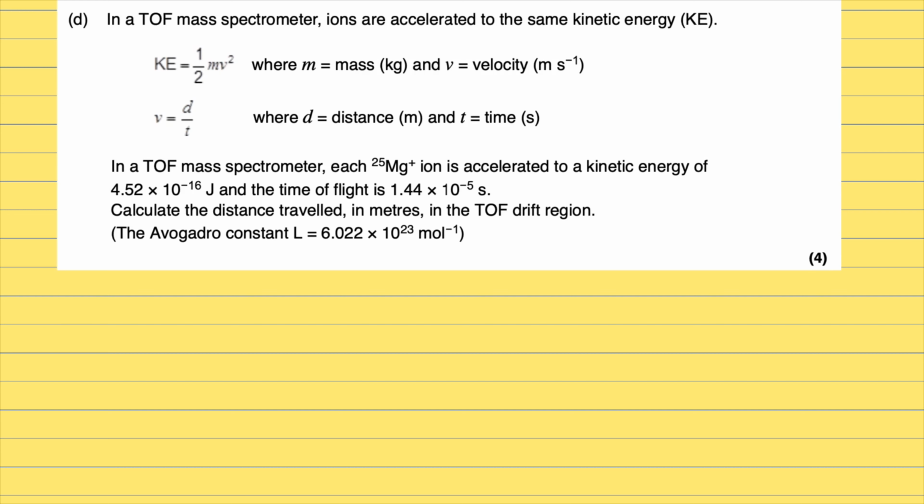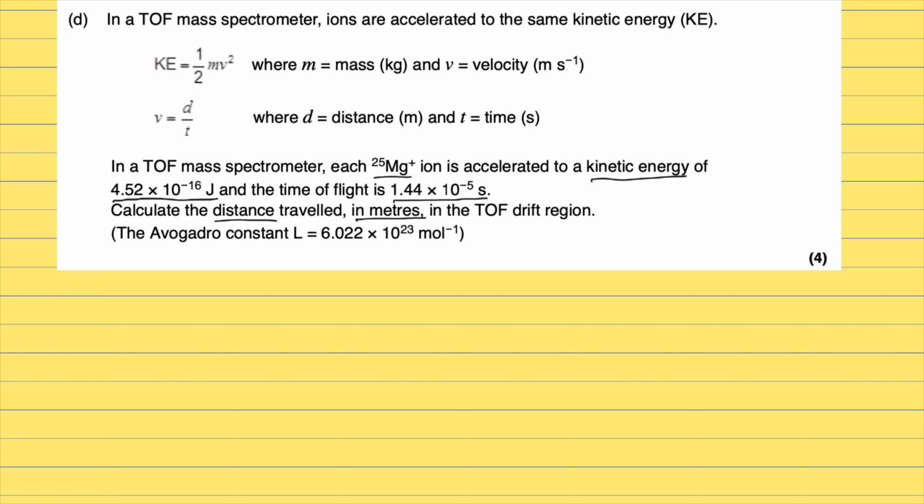In the time of flight mass spectrometer, each 25 Mg plus ion is accelerated to a kinetic energy of 4.52 times 10 to the minus 16 joules, and the time of flight is 1.44 times 10 to the minus 5 seconds. Calculate the distance travelled in meters in the time of flight region.